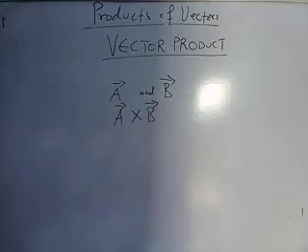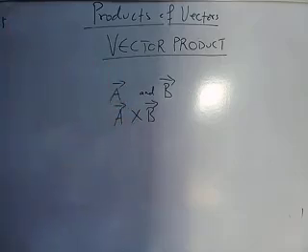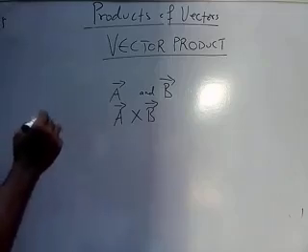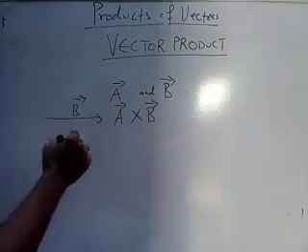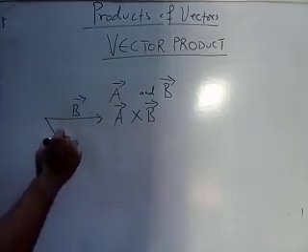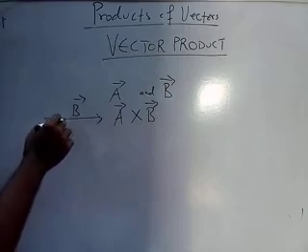Try to understand. You can go through my previous videos to understand better. If you have any challenge on vector, start from the first video on vector. To define the vector product A cross B of two vectors, we again draw the two vectors with their tails at the same point. Let's assume we have this vector B, then this is vector A, and the angle here is phi.